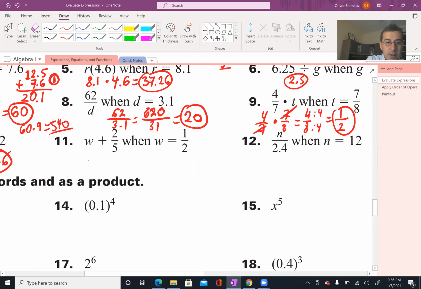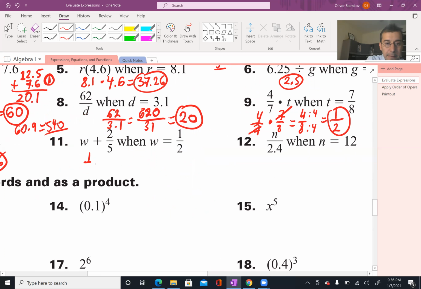Number 11 is 1/2 plus 2/5. Now, when we have an addition and the denominators are different, we have to take a common denominator.